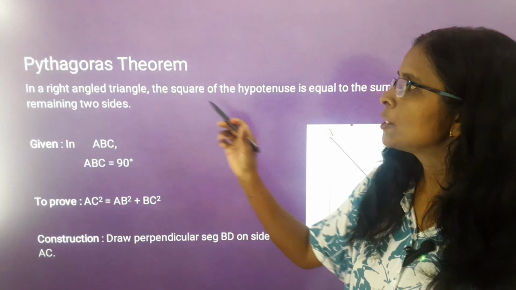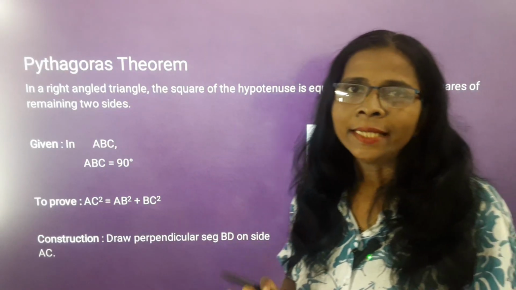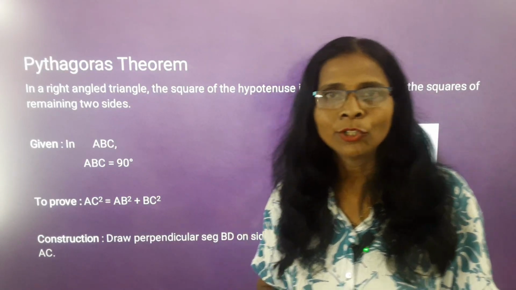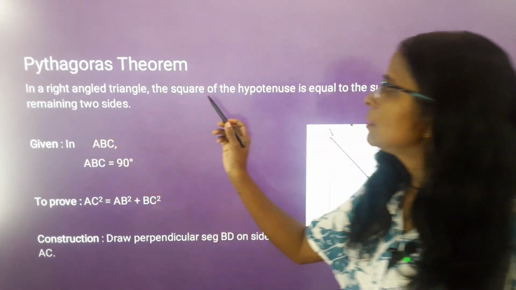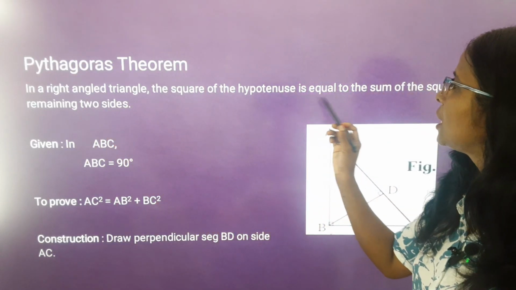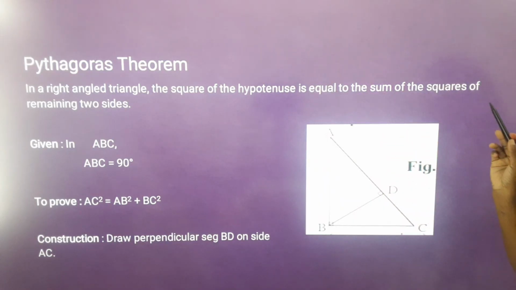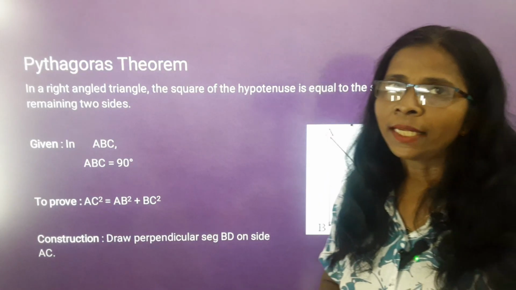Okay, the Pythagoras theorem, students. We know the statement of the Pythagoras theorem: in a right angle triangle, the square of the hypotenuse is equal to the sum of the squares of the remaining two sides.